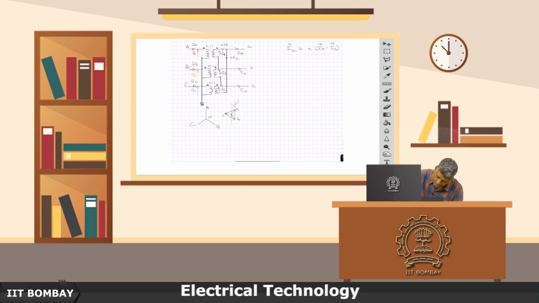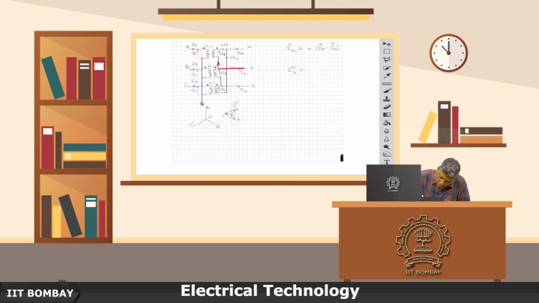Let's do it for IB now. So NIB comes here, and NIA goes out from here.